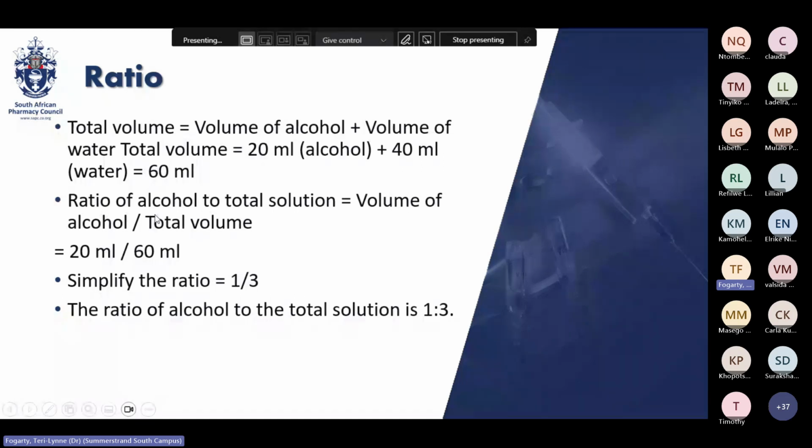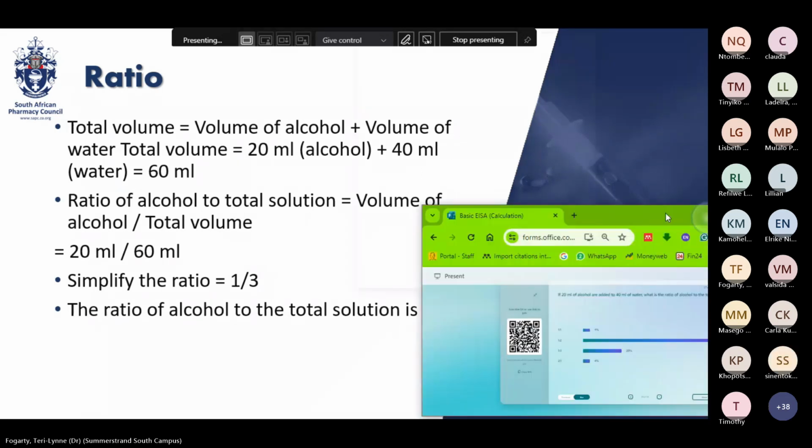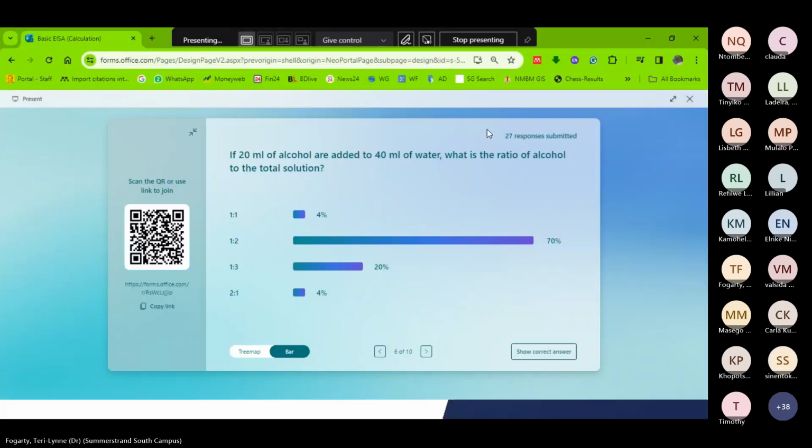So then the ratio of alcohol to total solution is the volume of alcohol divided by the total volume, or 20 by 60. We simplify that to 1/3, and a fraction is written as a ratio 1:3. Right, next question.